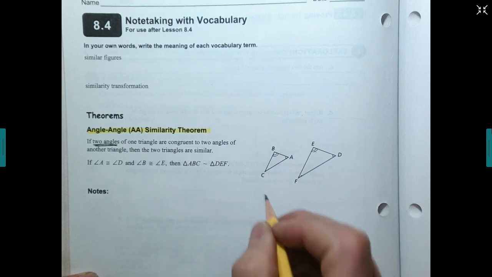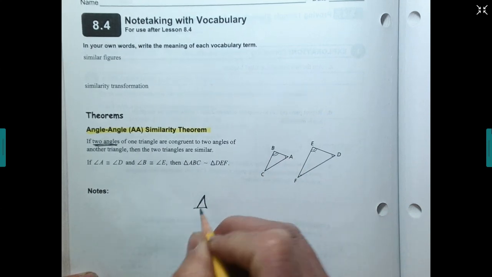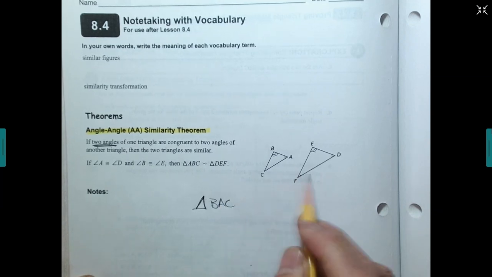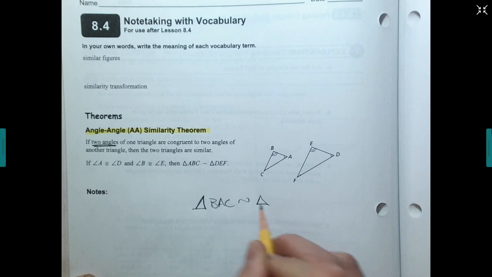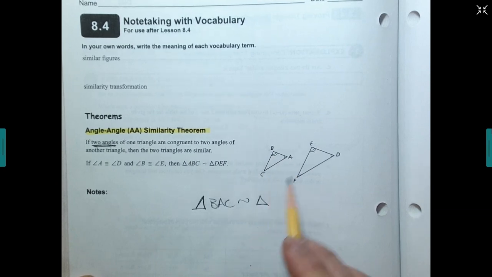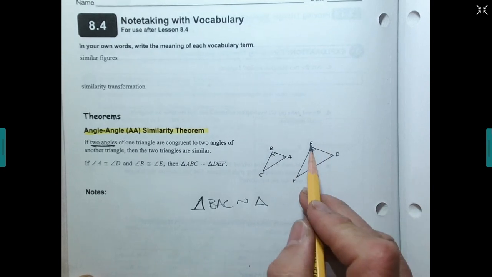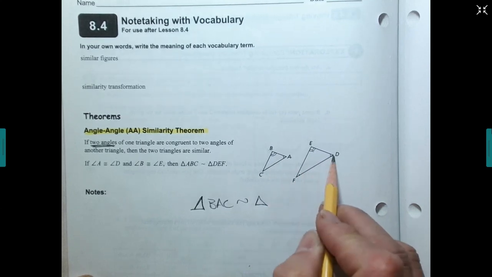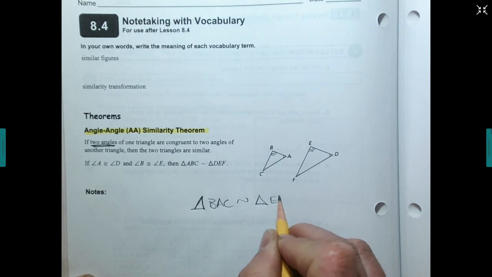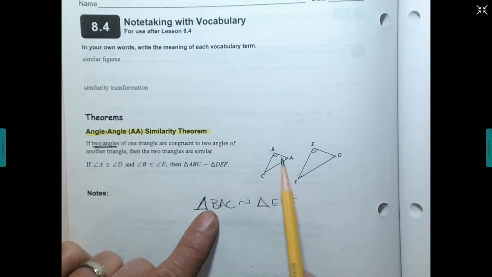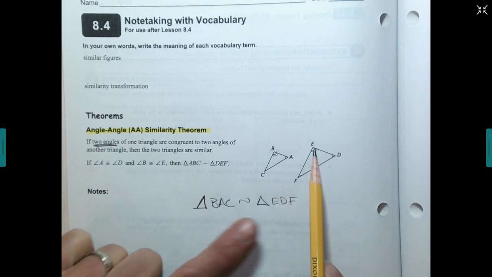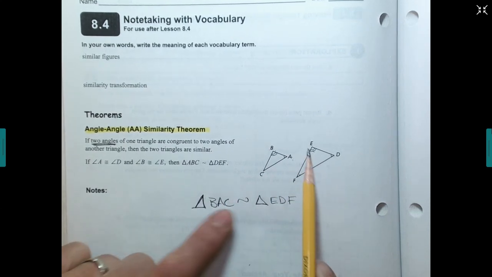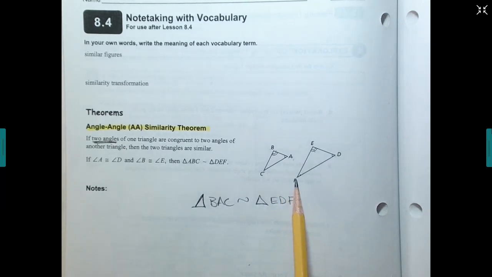For this triangle, if I tell you that triangle BAC is similar to another triangle, how would I write that? BAC. Well, for this one, I would write EDF. I have to start at the same place and go to my next one, going in the same direction.